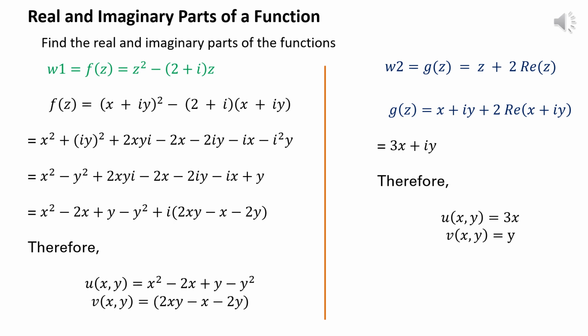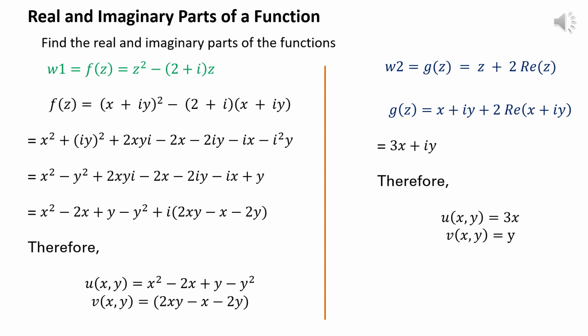So substituting z is equal to x plus iy in this expression results in an expression as x square minus 2x plus y minus y square plus i into (2xy minus x minus 2y). So we can express this as u of x comma y and v of x comma y. That is, u of x comma y is the real part of the complex function and v of x comma y is the imaginary part of the complex function f of z.